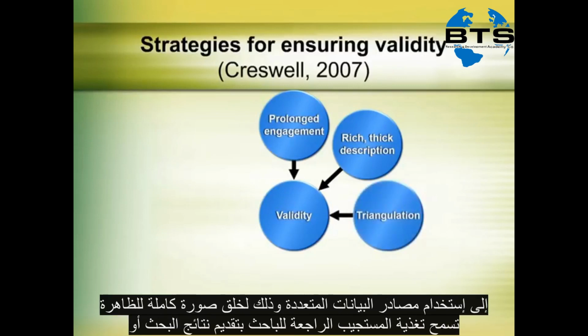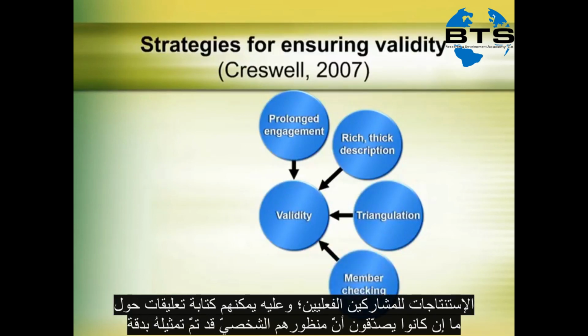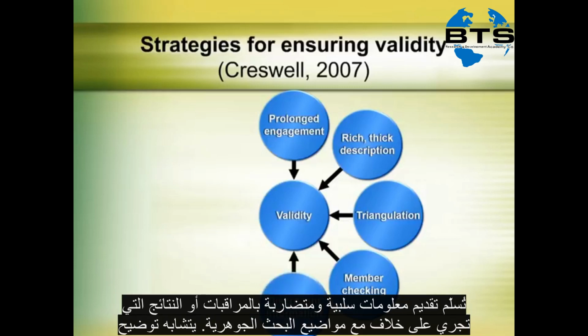Triangulation refers to using multiple data sources in order to build up a complete picture of a phenomenon. Member checking allows the researcher to present the study's findings or conclusions to the original participants so they can comment on whether they believe their perspectives are accurately portrayed. Presenting negative or discrepant information acknowledges observations or findings that run contrary to the study's key themes.